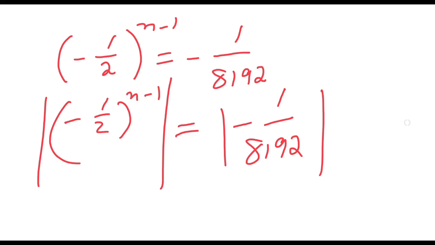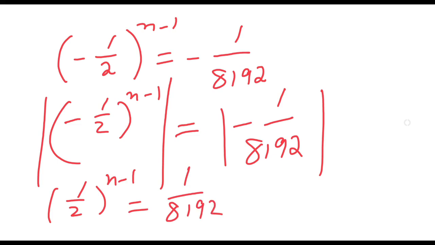The absolute value removes the negative sign from a number, so the number becomes positive. I already explained the absolute value earlier. So 1 over 2 power n minus 1 is equal to 1 over 8192. Now I can apply the log to solve for n.